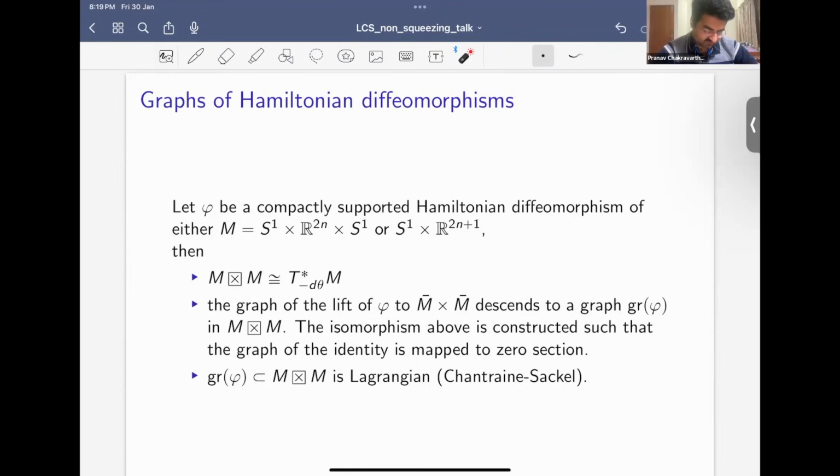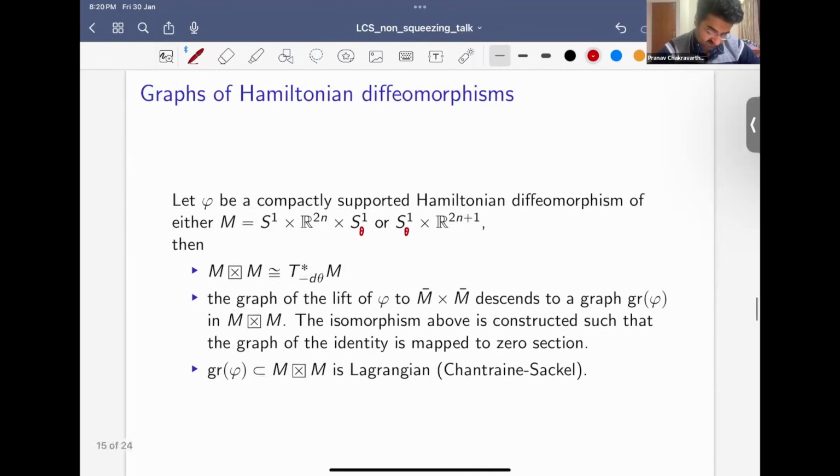And this is because of the following observation: there exists an LCS, in fact a strict LCS, isomorphism between the product of these two manifolds and the twisted cotangent bundle with respect to d theta, where theta is the coordinate on the S1 factor of the conformal symplectization.